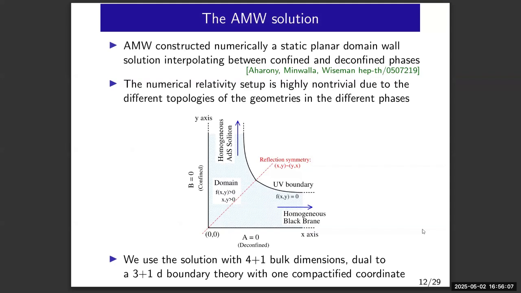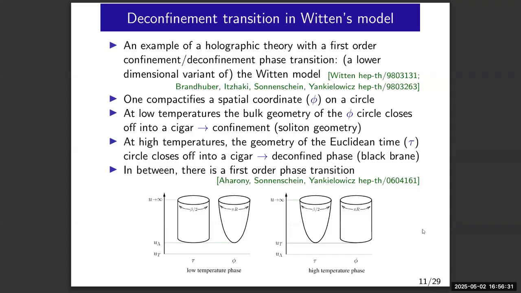So these people already 20 years ago constructed numerically the static planar domain wall solution interpolating between confined and deconfined phases. And this is a highly non-trivial geometry because there is a topology here due to the fact that the rho of the cigar and the cylinder here are integers.